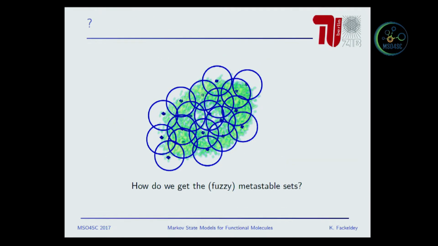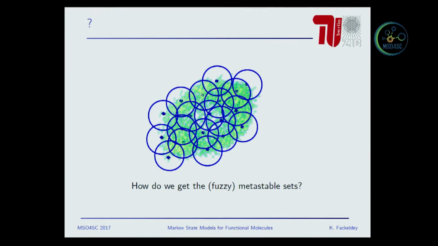At the beginning, I told you that I want to identify sets in this phase space where states are similar, and then give some transition probabilities.